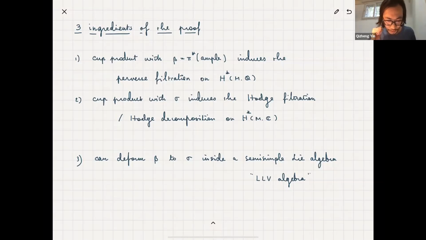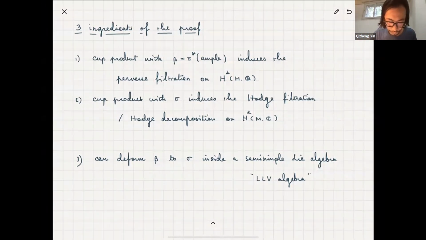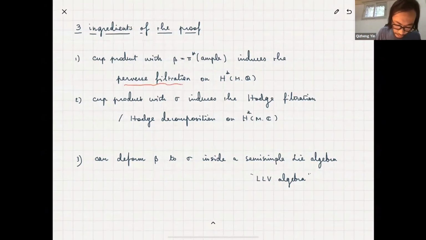The first ingredient is mostly general. It says that you can take an ample line bundle or an ample divisor from the base, and you pull it back to M. You do cup product with this pullback of an ample class, and the general theory says that it will induce the perverse filtration on the cohomology of M. This is how you obtain the perverse side of the story.